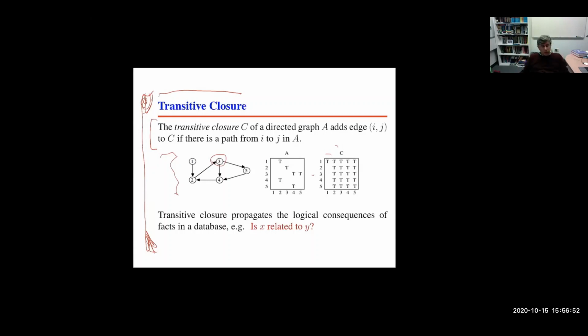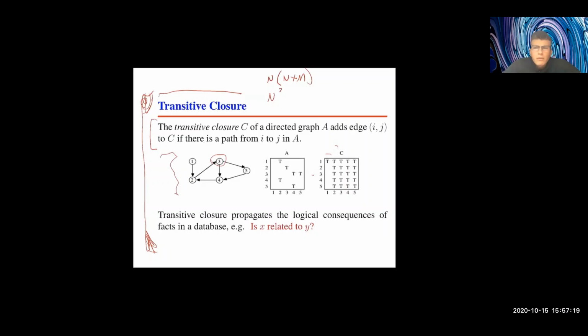Now, what is faster, doing n BFSs or doing our n cubed Floyd's algorithm? Which one of these is faster? I think they're the same.